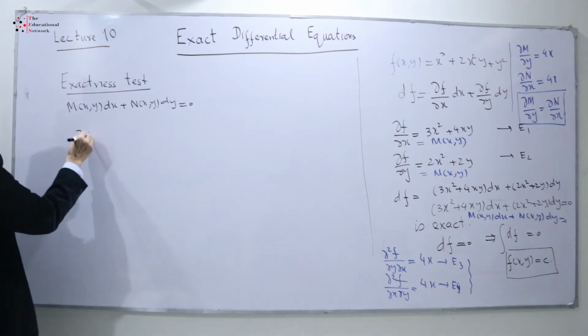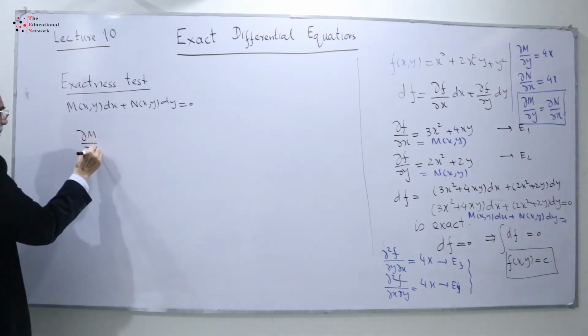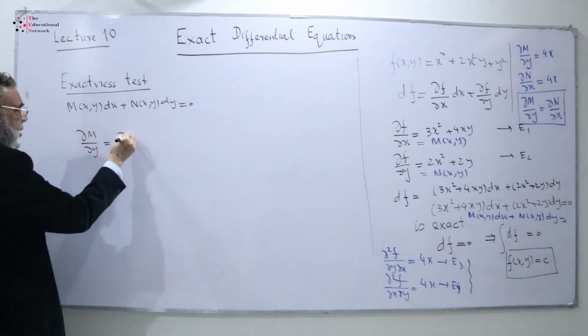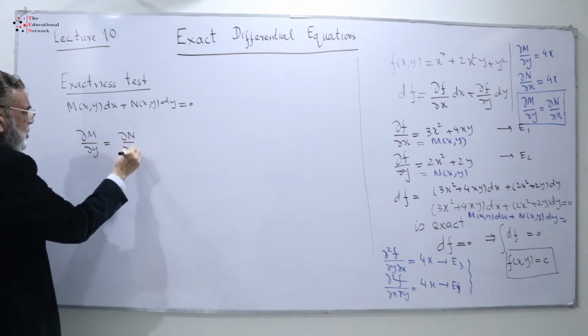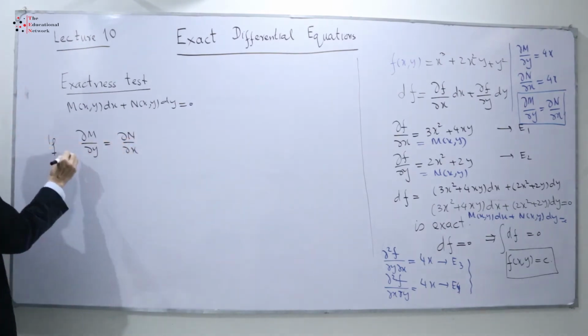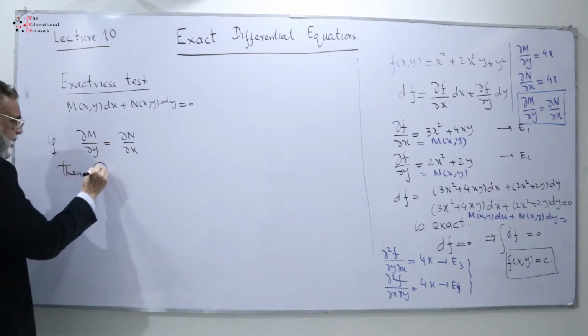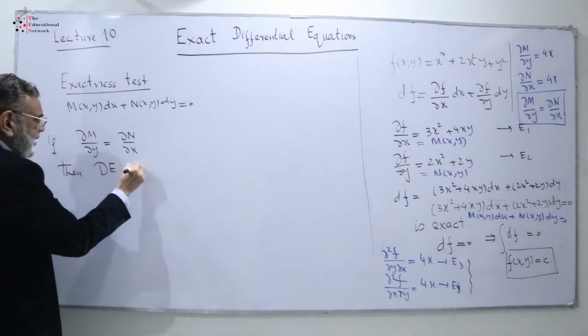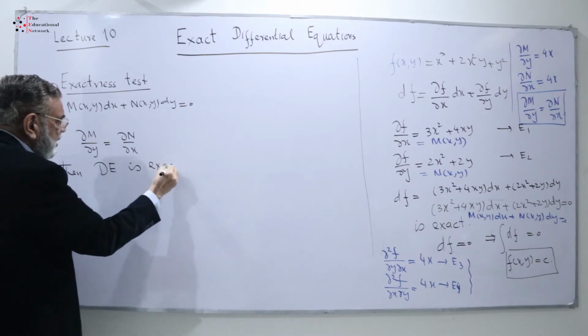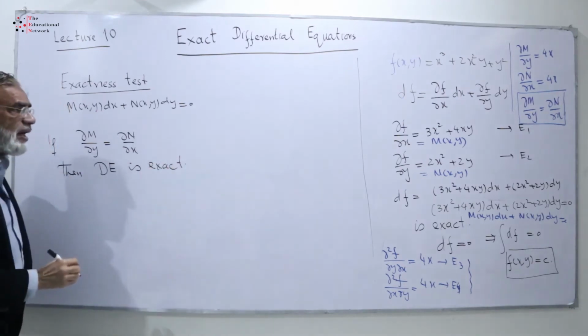We take partial M by partial y and partial N by partial x. If they are equal, then we say the differential equation is exact. So this is the criterion.